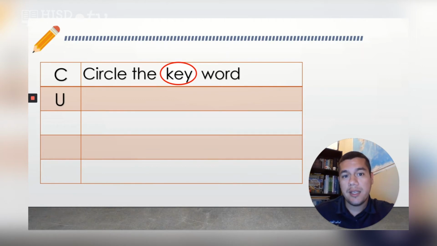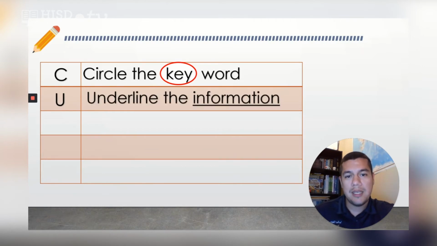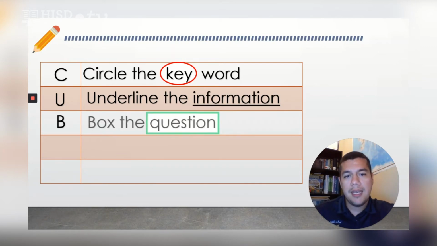The next one is going to be the U, and that's for you to underline any information or any data that you can use in order to get to the correct answer. The next letter is B, and that's going to be box the question. It's just for you to make sure that you are doing everything in accordance to what they are asking you.